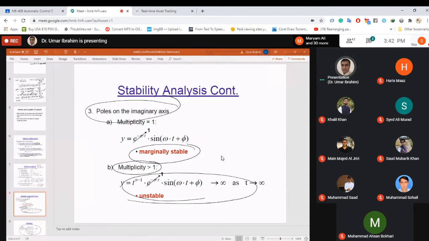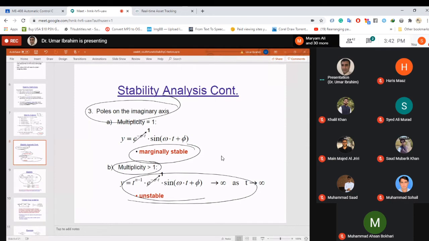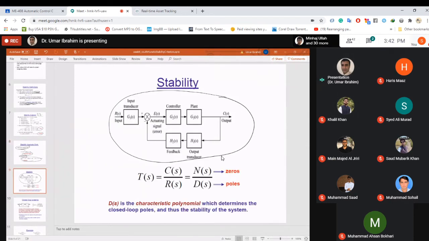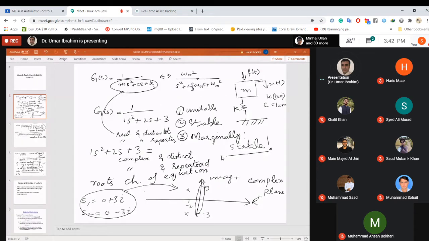Clear till here? Yes. Students? Okay, now you can tell the stability of a system. Clear till here?